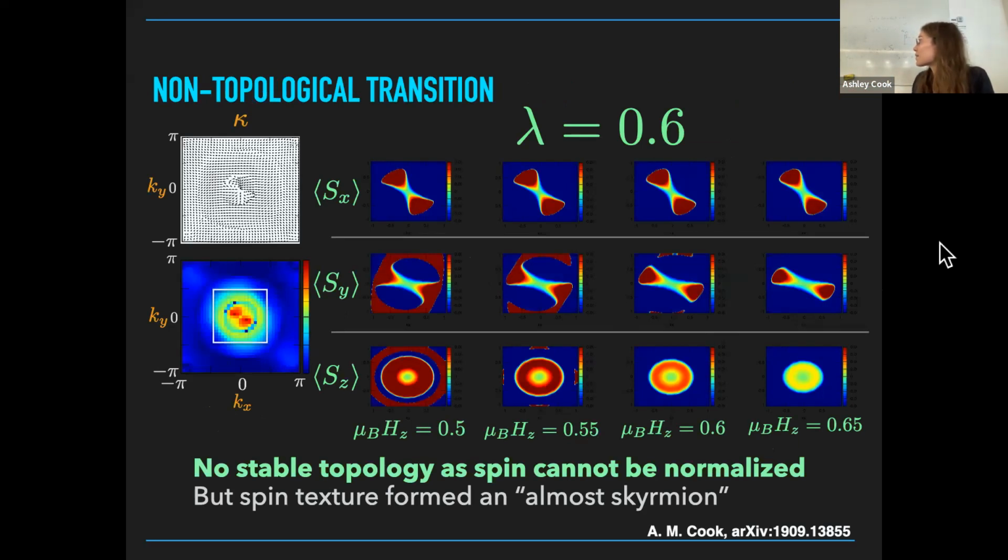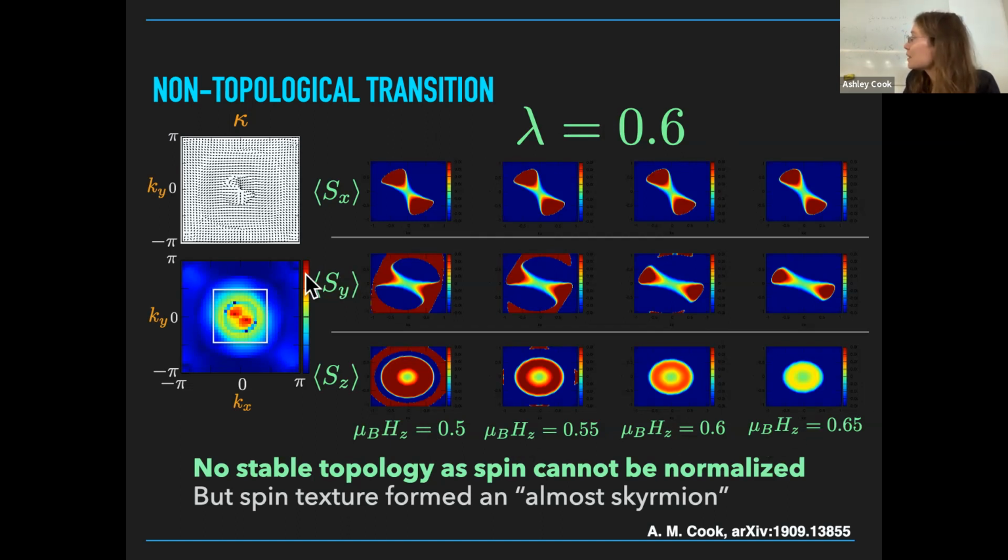All right, so one other thing I promised I would talk about was that continuous phase transition in the phase diagram. The key point is, I'm showing you the unnormalized spin texture components for fixed spin orbit coupling and as a function of applied Zeeman field.